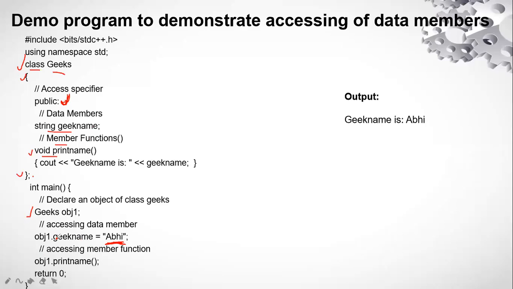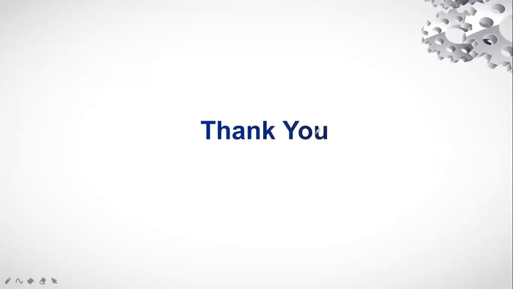Let's say I have another object obj2, so obj2 dot geek name is equal to Neha, and again obj dot print name, and then I get the next name, Neha. So this is the defining of classes and objects.